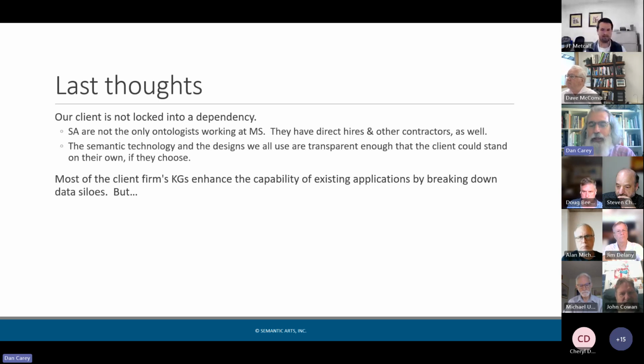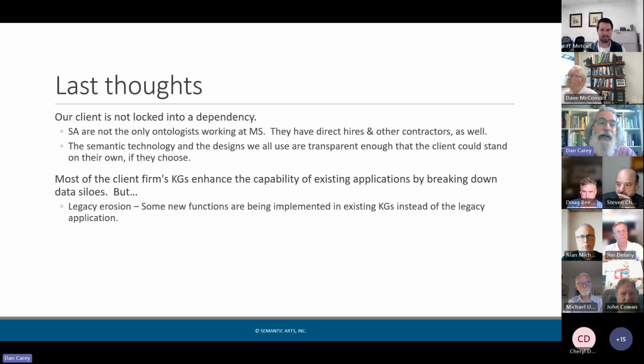This is all great. But that said, we are seeing a bit of what we might call legacy erosion, in which new functions are being implemented in the knowledge graph or the applications on top of the knowledge graph, rather than expanding new functions onto the existing legacy applications.